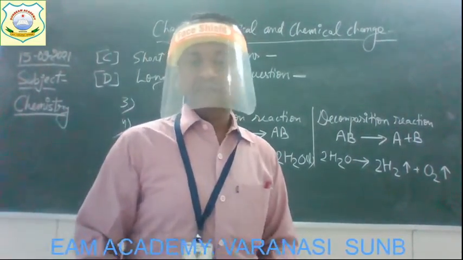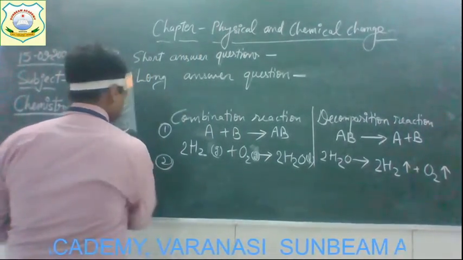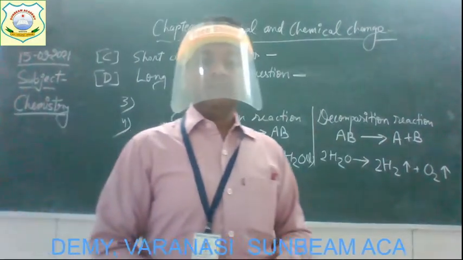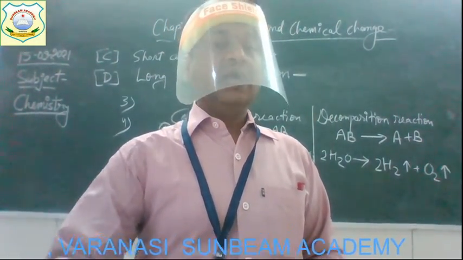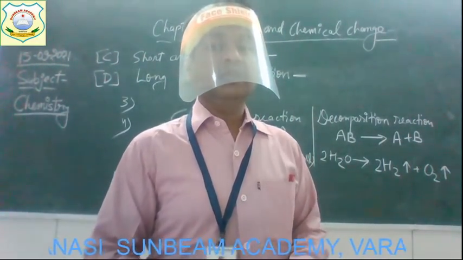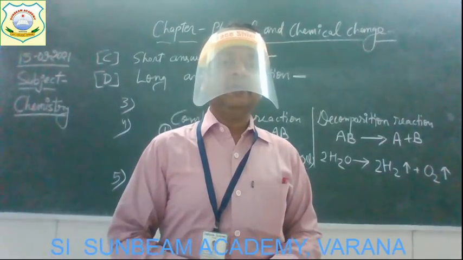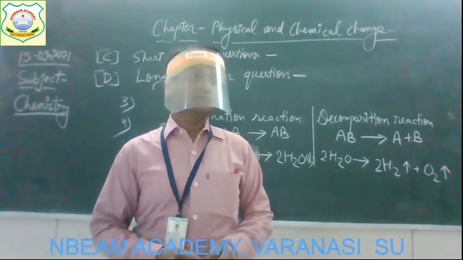Did you understand the differences between combination and decomposition and the example also? Now come to the next, question number 5. The question number 5 is: under which two conditions do decomposition reactions normally take place, and give one example of each.